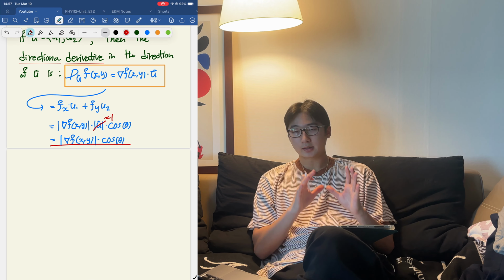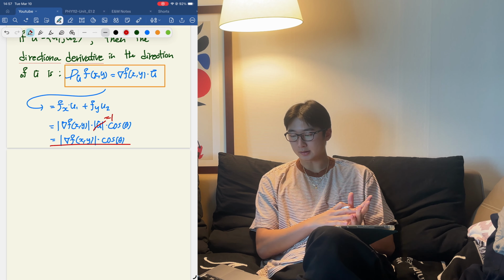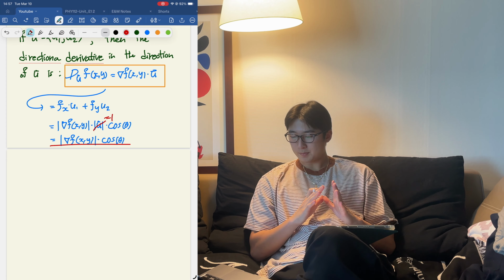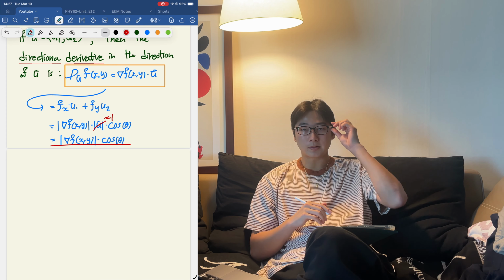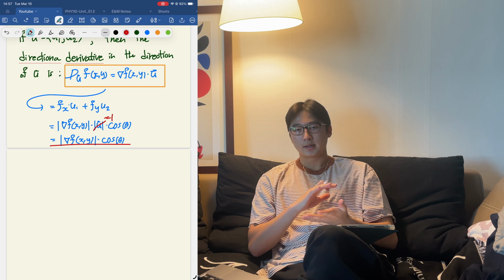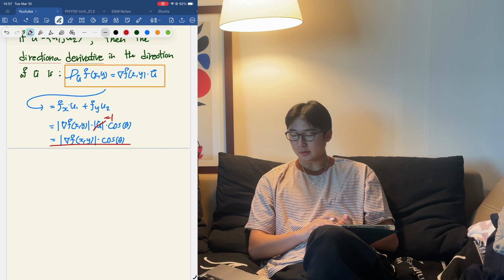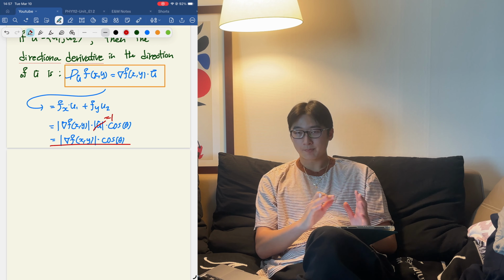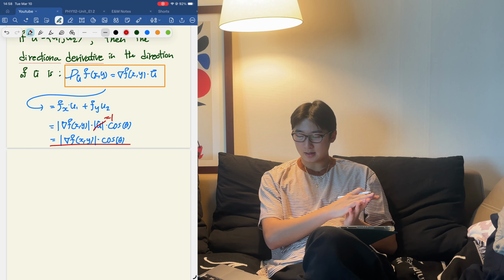So it is simply the dot product between the gradient and the direction vector. Remember, a dot product always gives us a number. The output is a scalar value, and the number tells us the slope of the surface if we walk in that direction.